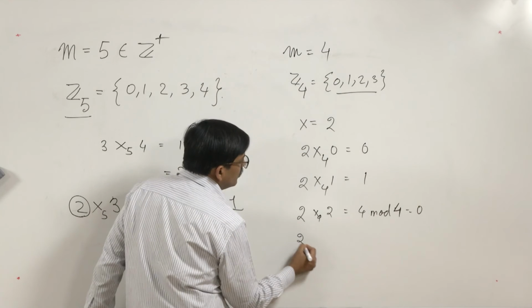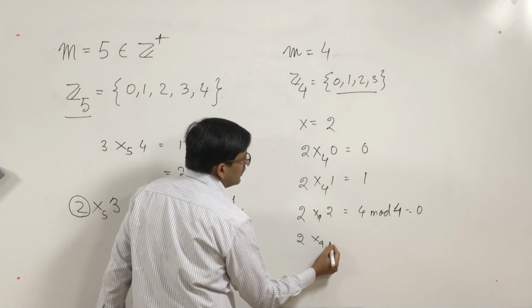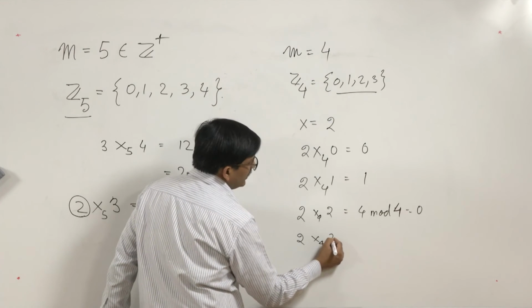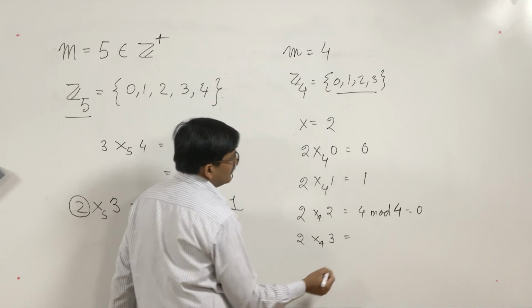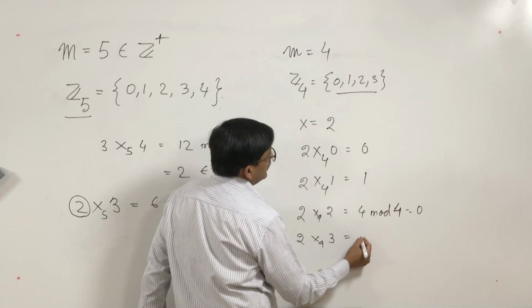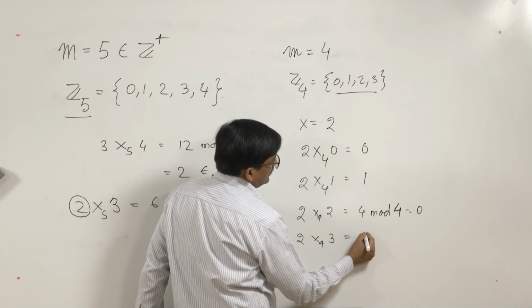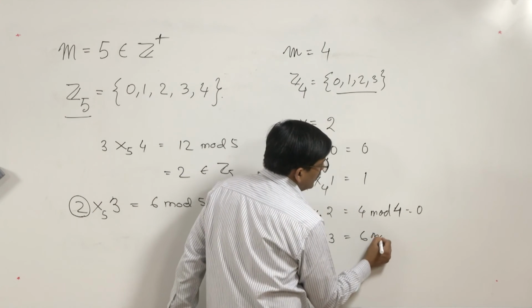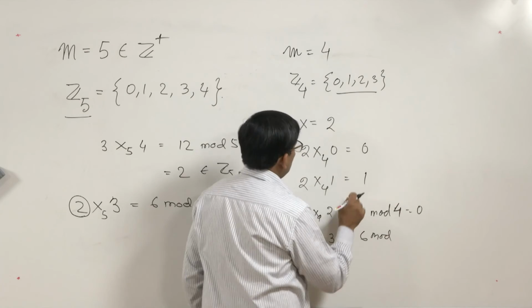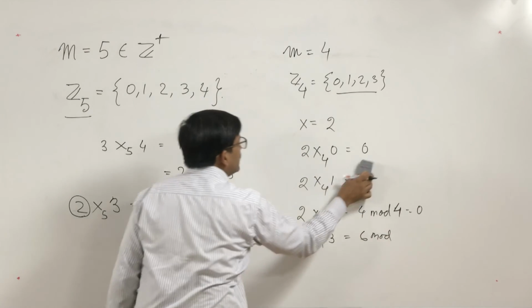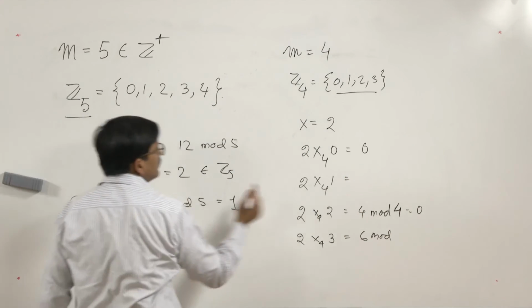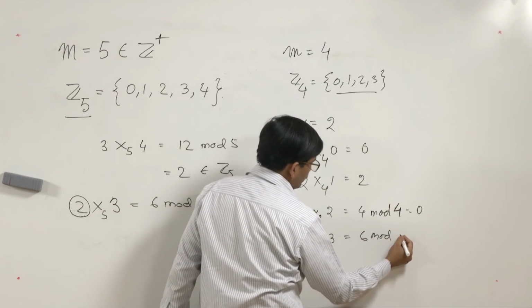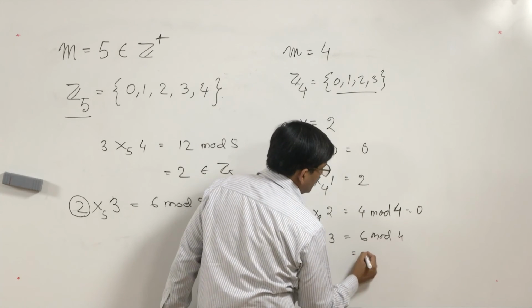And 2 multiplication mod 4 3 is going to be 6, which, if you do mod 4, I made a mistake over here, this is going to be 2.